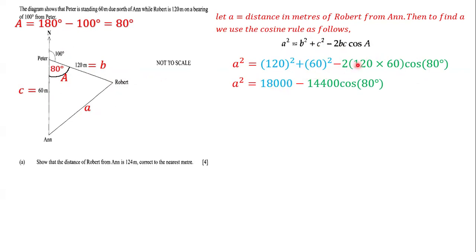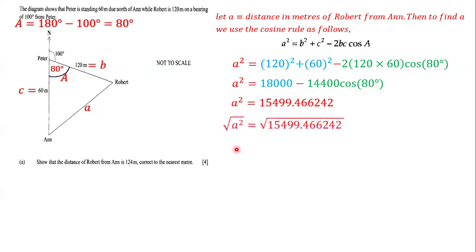Then we have 2 times 120 times 60, which is 14,400, cosine of 80 degrees. And then we compute this. So 18,000 minus 14,400 times cosine of 80 degrees is equal to 15,499.466242. That's what a squared is equal to.